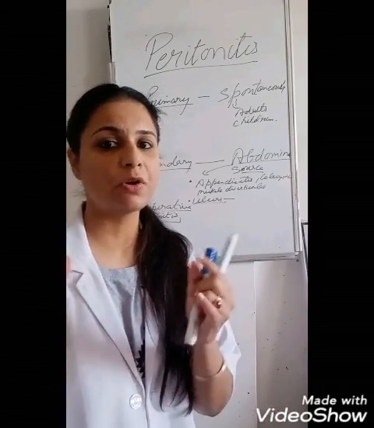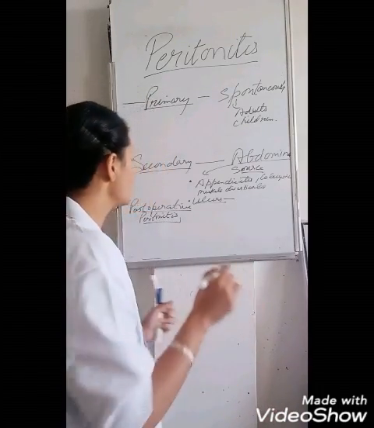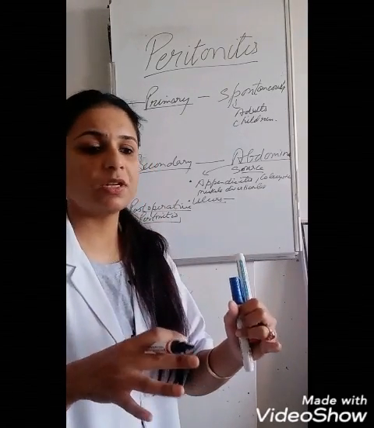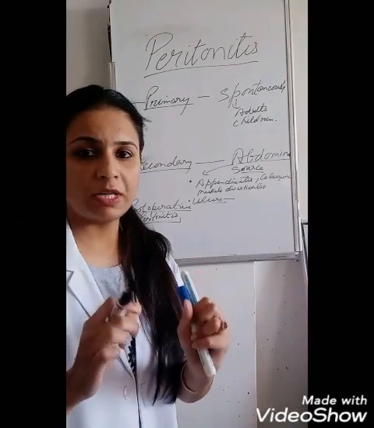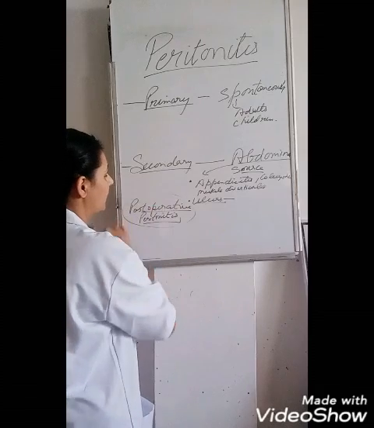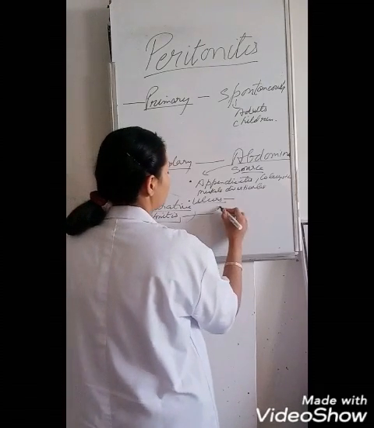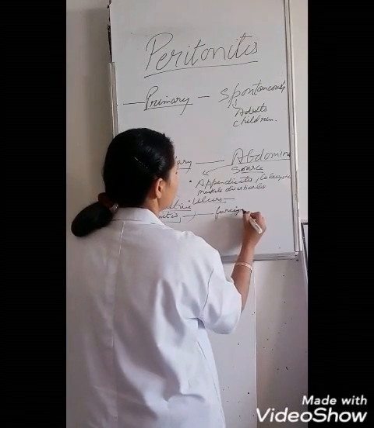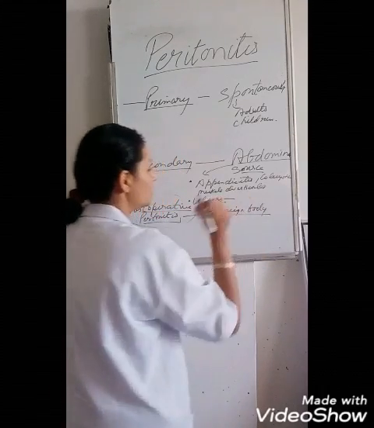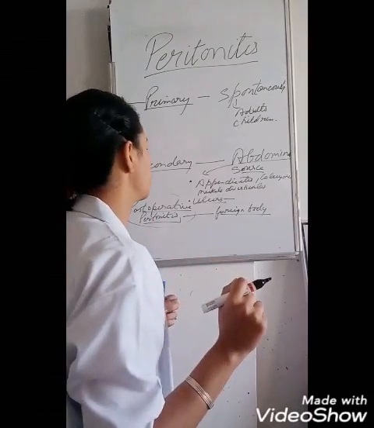If the instruments are not properly sterilized, or during the operation if any foreign body gets into the body. So the post-operative peritonitis could be due to the presence of a foreign body in the peritoneum, or because of the use of improper sterile instruments.